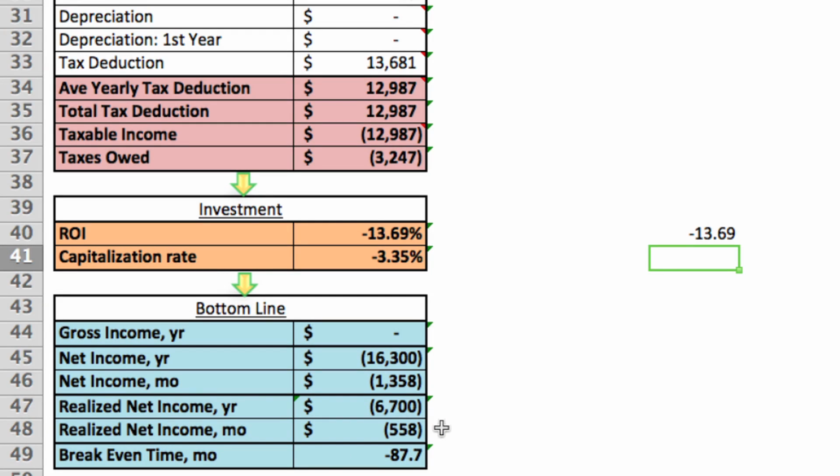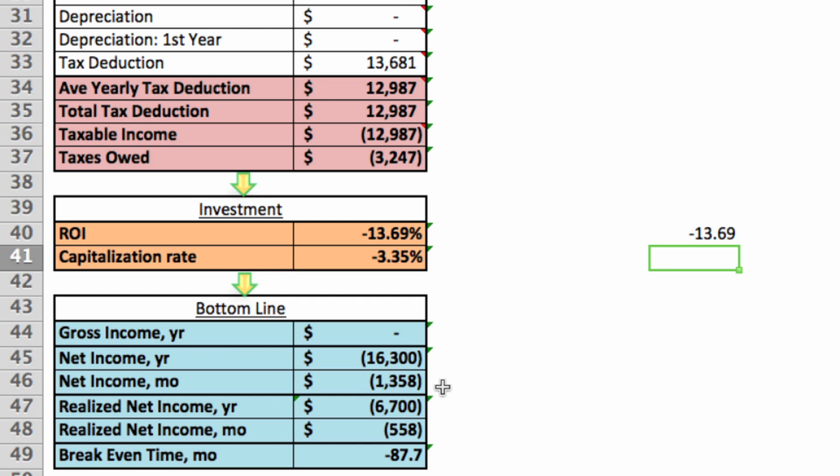Now, of course, you may ask, well, what's the difference between the net income and realized net income? Well, the net income is really the bottom line value of how much money is going out of our pocket, which here is negative $1,358.